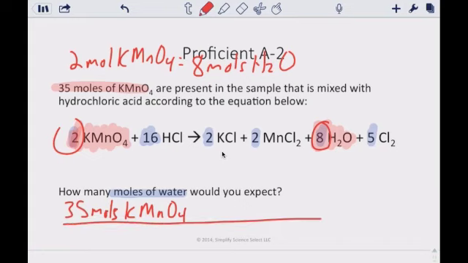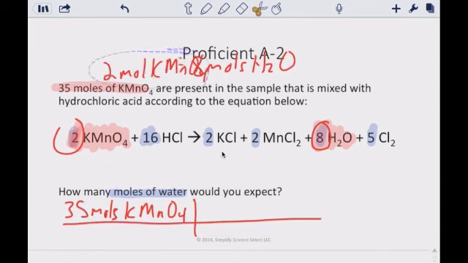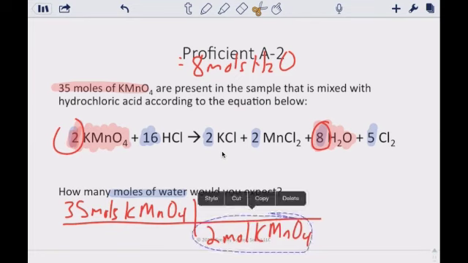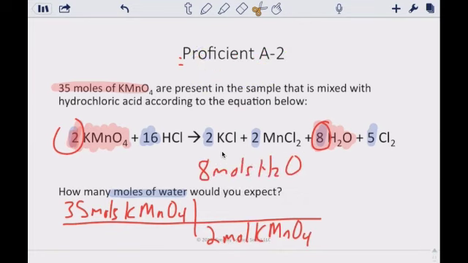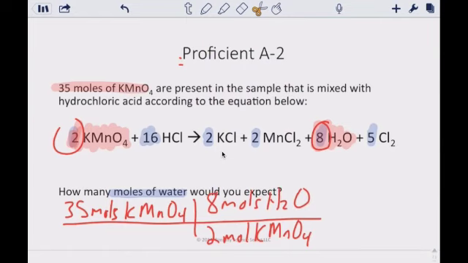Since we have moles of KMnO4 right there, we take this part of the conversion factor, put it on bottom, and then take the other part of the conversion factor, put it on top, and multiply everything out. So we multiply our 35 times our 8, all divided by 2, and we should get 140 moles of water.